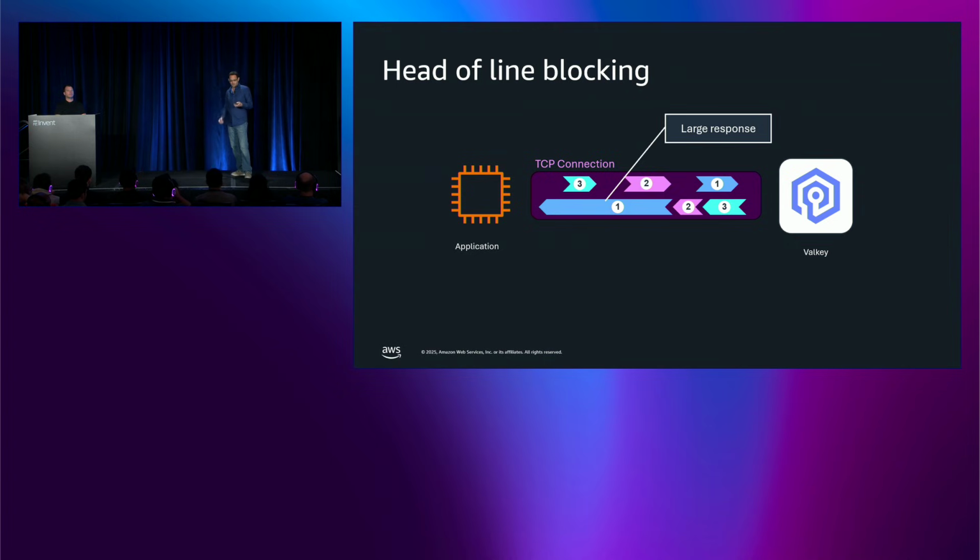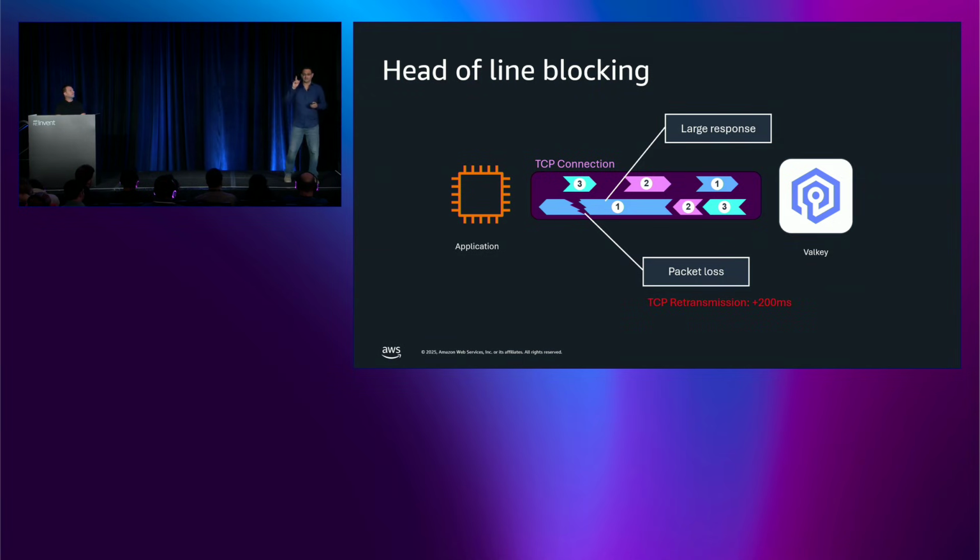And there's another problem. What happens if we run into packet loss? We're using TCP. Should we even worry about packet loss? Yes. TCP does guarantee delivery. The only problem is that retransmissions in TCP take at least 200 milliseconds to happen, right?